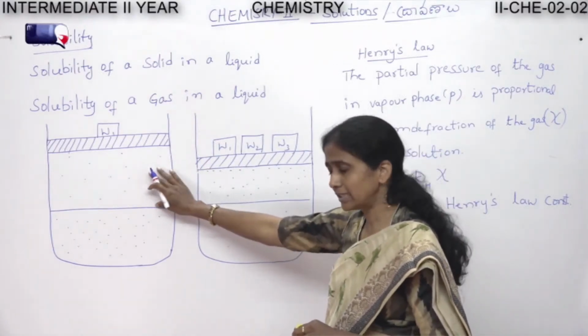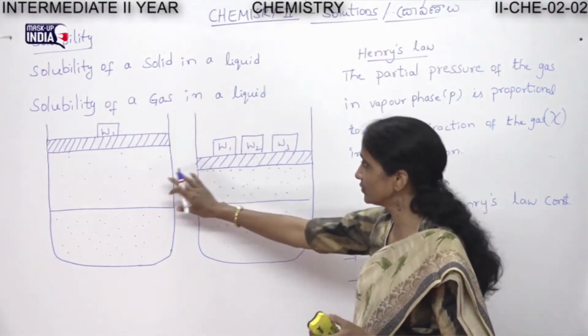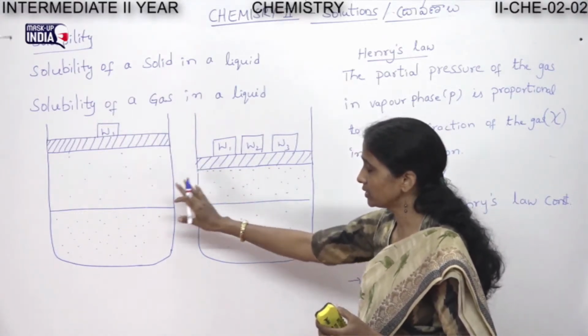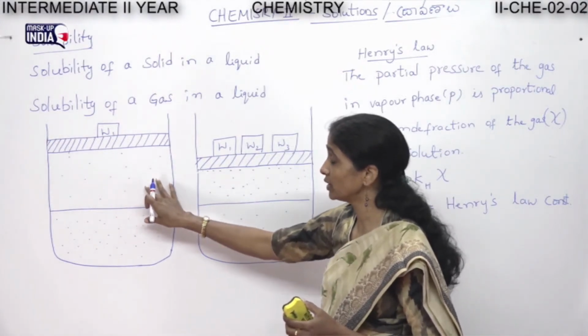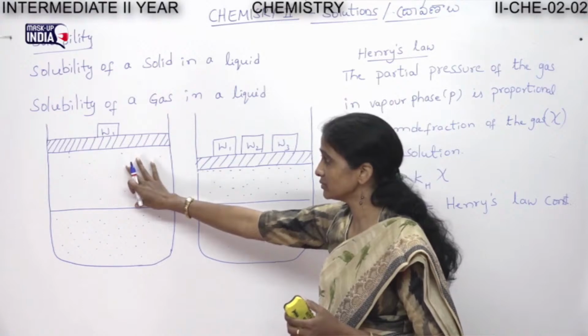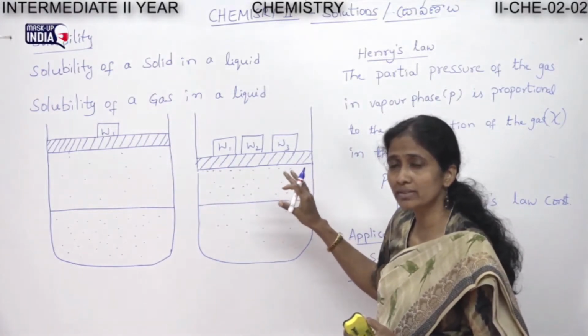If we take these both and observe the difference, we can note that gas molecules we can see very few here, but more here. Why is this happening?